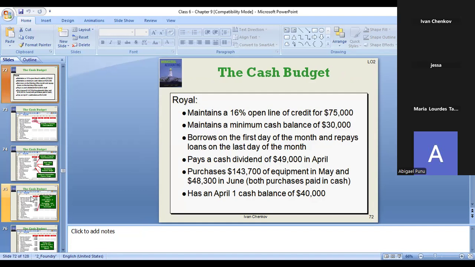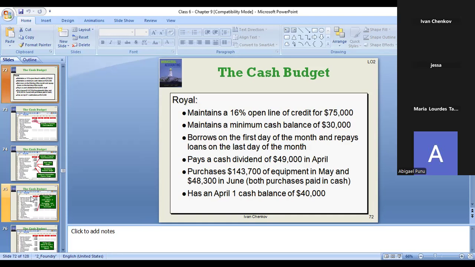So whatever they're spending, we have to leave them $30,000 cash all the time. On the borrowing, they borrow on the first day of the month, and we're paying whatever is outstanding on the last day of the month, just for simplicity.